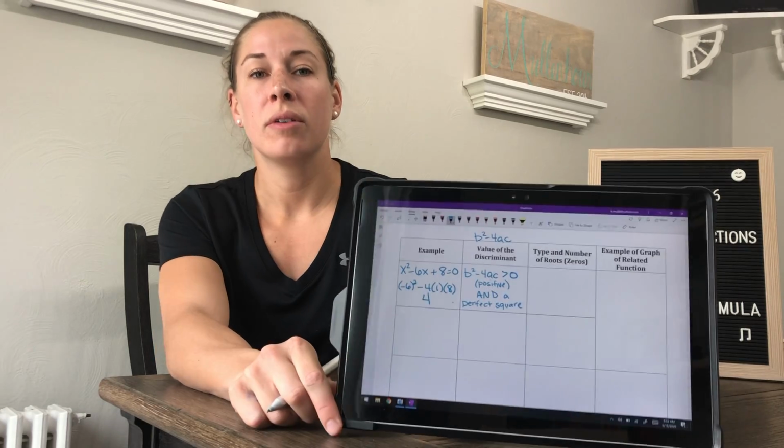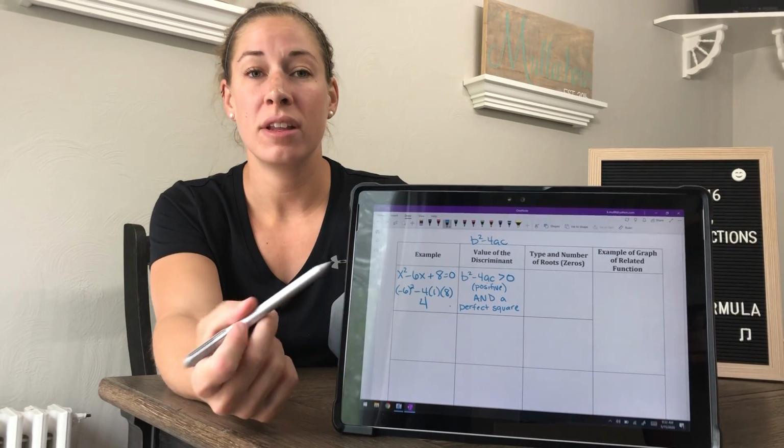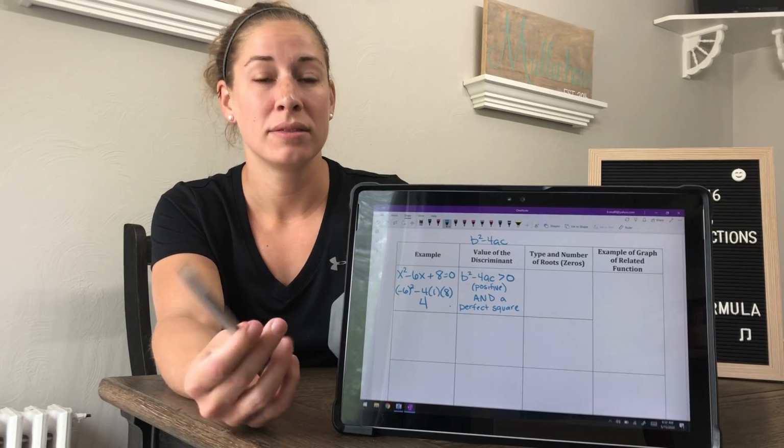So 4 is positive, greater than 0, and it's a perfect square.